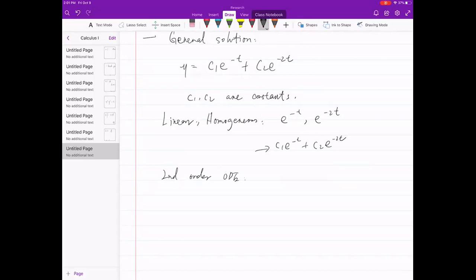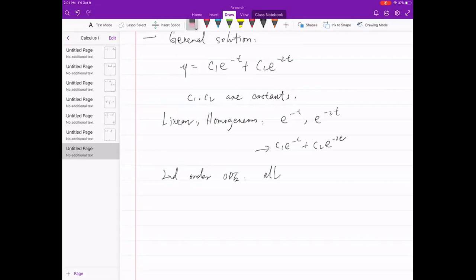Sounds good? So by some lucky guess, you guess the 2 solutions. Then you realize all possible linear combinations of these 2 will also be solutions. Number 3, there are no other ones because 2 is already everything. There can't be a third, otherwise it couldn't be second order. Okay, so that's all.